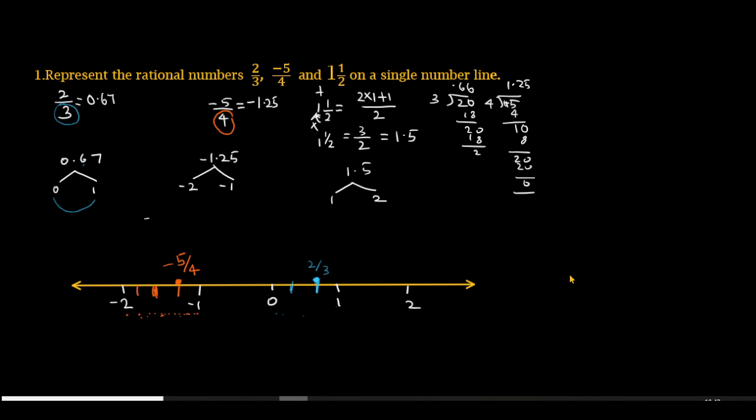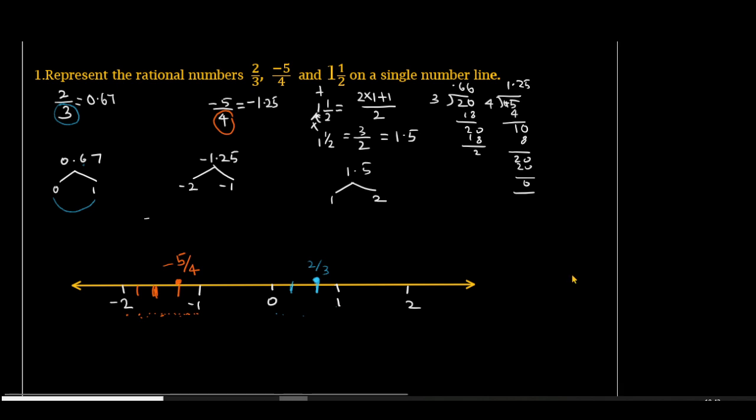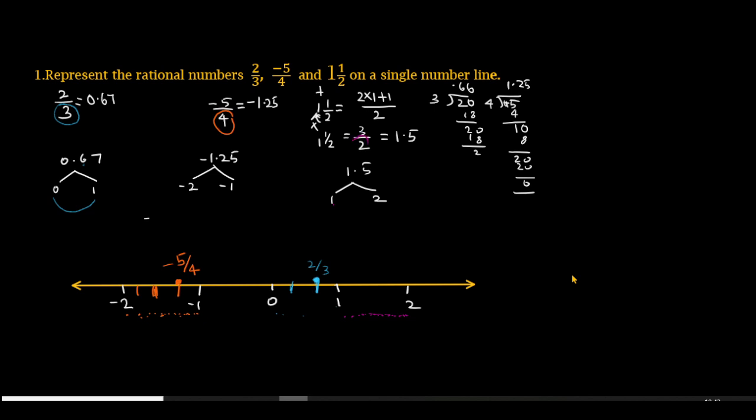Then one more number, between 1 and 2. So where will it be? Sorry, 1.5 is in between 1 and 2. So here is the place in between 1 and 2. What is the denominator for this? The denominator is 2, so divide it into exactly 2 parts.